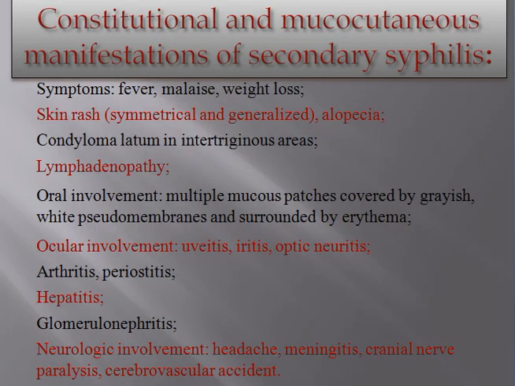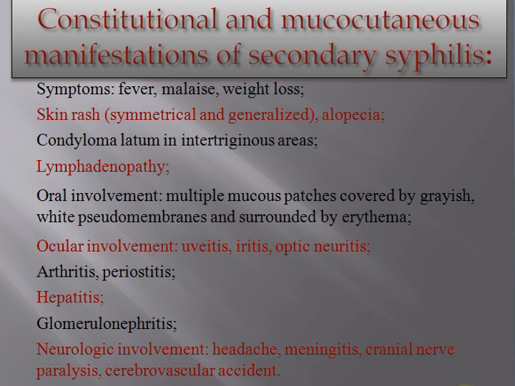The secondary stage develops 2 to 12 weeks after the first contact with the organism. This stage is the result of hematogenous dissemination in the organism, and the microorganism, in very high numbers, colonizes several organs, giving constitutional and mucocutaneous manifestations.